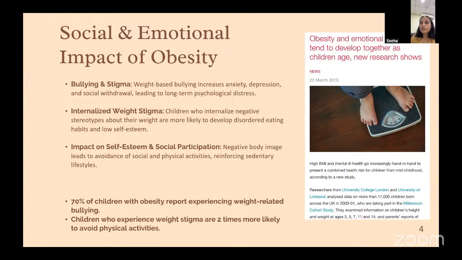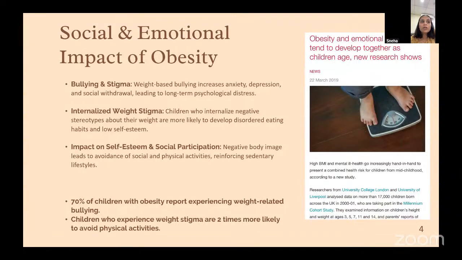And what happens when they start sitting at home? They might be glued to their screens because that is the best option they usually have. A sedentary lifestyle can again increase the risk of obesity. And then there is internalized weight stigma. Children might start blaming themselves, or develop negative stereotypes about weight, which again leads to low self-esteem.